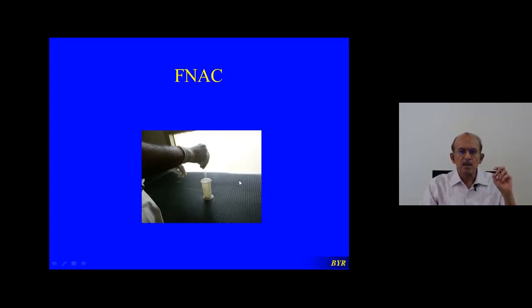The cytologist will now stain the slide with the help of eosin and hematoxylin stains. Simple stains. They won't use complex stains to study the cells. They just want to see the cellular shape, the architecture, the cytoplasm, the nucleus, especially for the malignancy features.